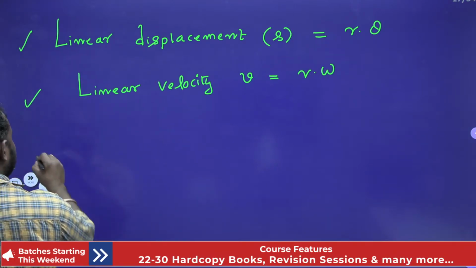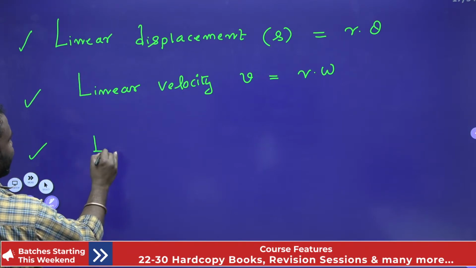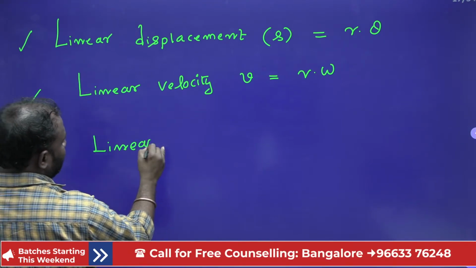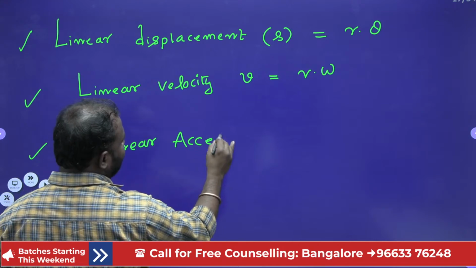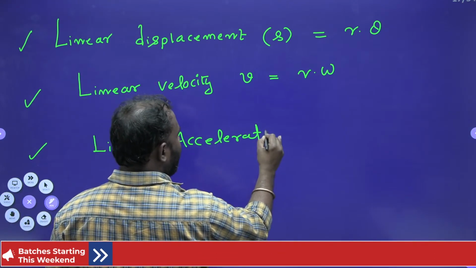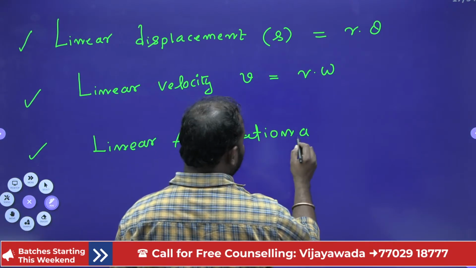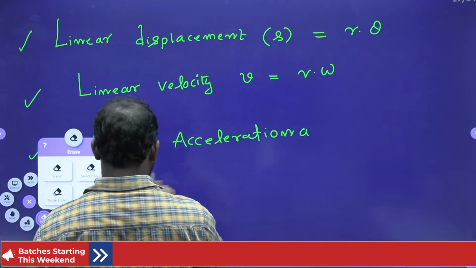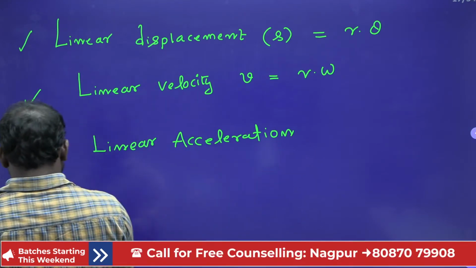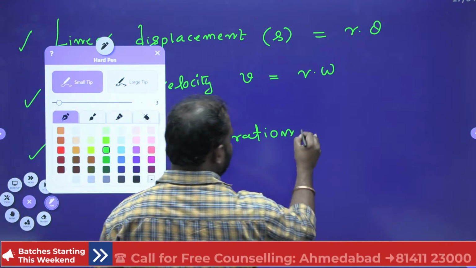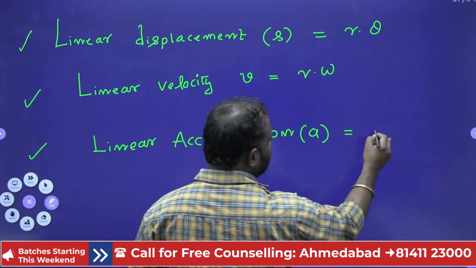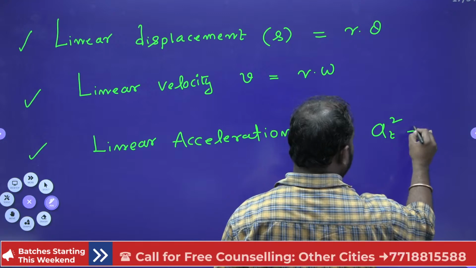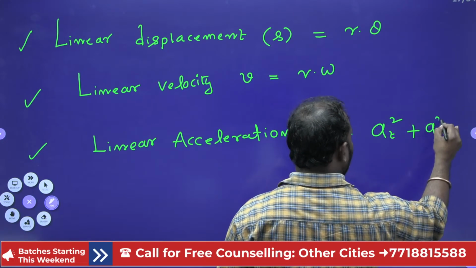Now linear acceleration a is equal to the square root of AT square plus AN square.